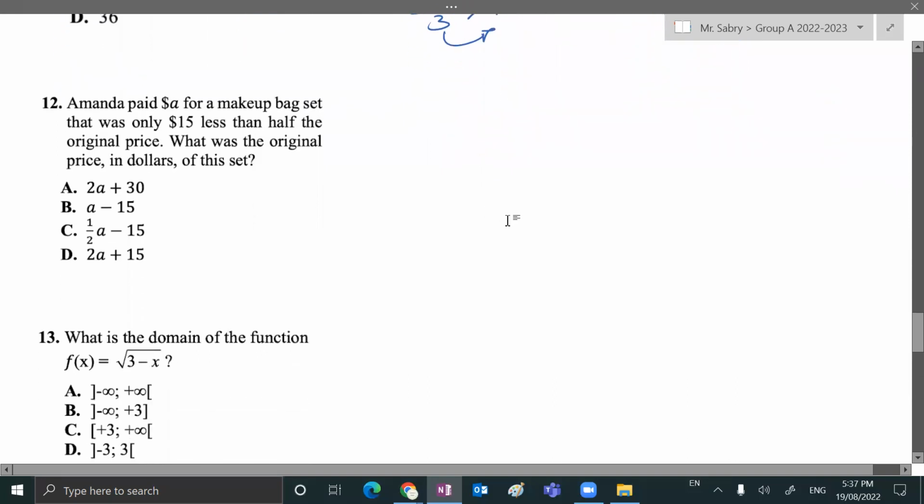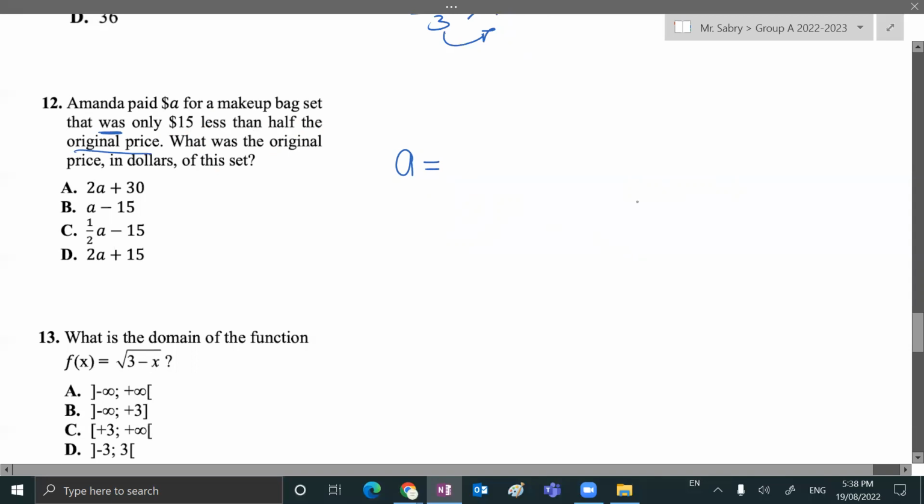Amanda paid $8 for a makeup bag, said that was only $15. Oh, I like those. We've sold ones like these a lot before. She paid that $8, that is A here. So we're literally translating: A was only, meaning A equals 15 less than 1/2 the original price.